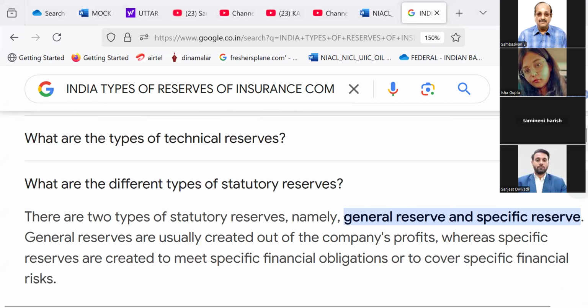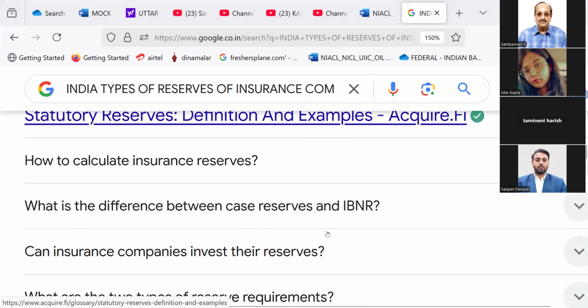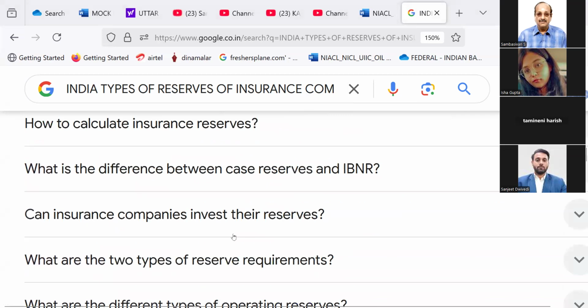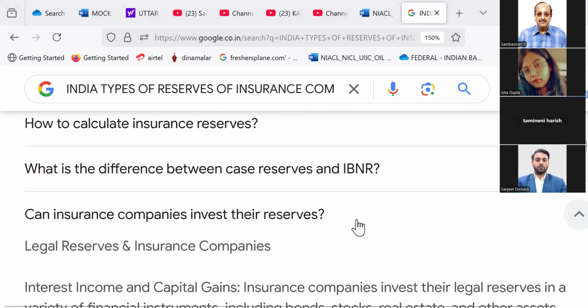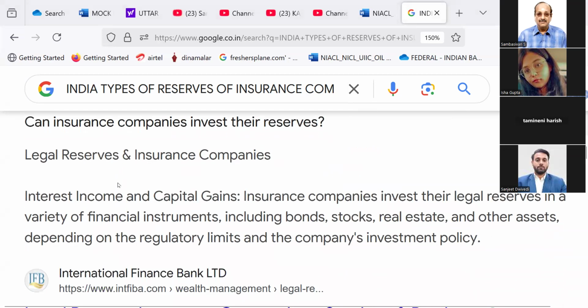General reserve and specific reserve. Can insurance companies invest their reserves? Insurance companies invest their legal reserves in a variety of financial instruments, including bonds, stocks, real estate, and other assets.